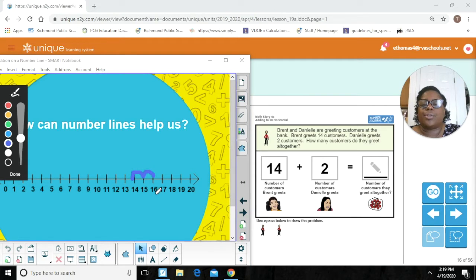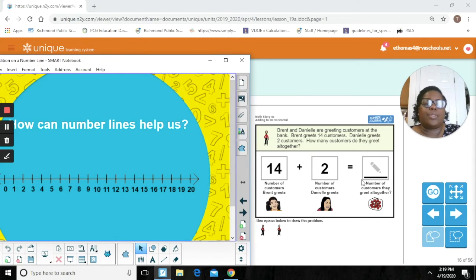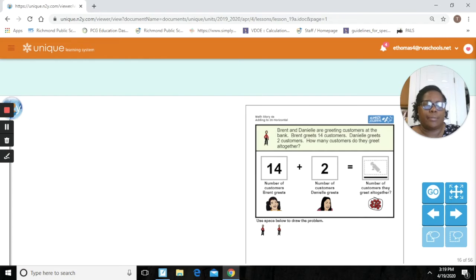What is our answer? Did you say 16? You were exactly right. So let's type in 16. Okay. So 14 plus 2 equals 16.